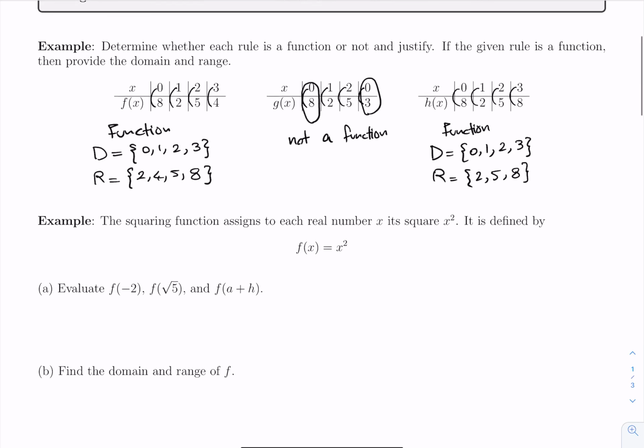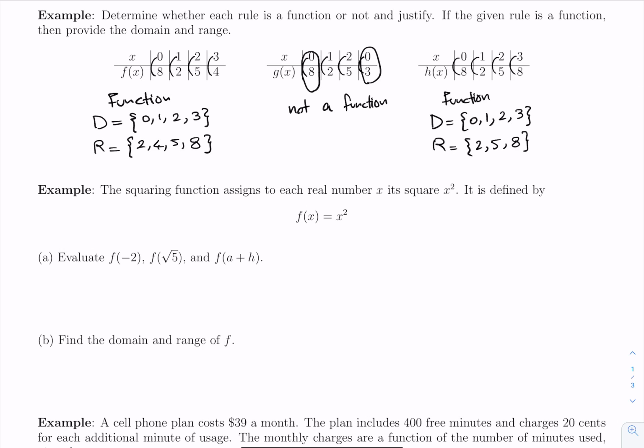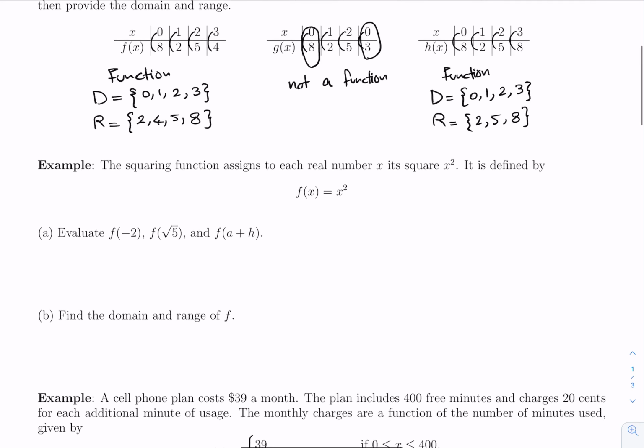In the next example, we will try to practice function notation. We're going to look at the squaring function. What does it do? Squares. We will present such function using f of x equals x squared. For any given input x, the output is x squared. Let's do a little practice with this notation.